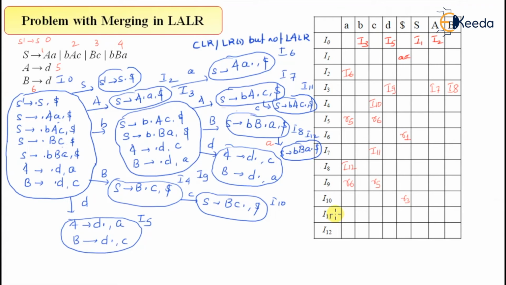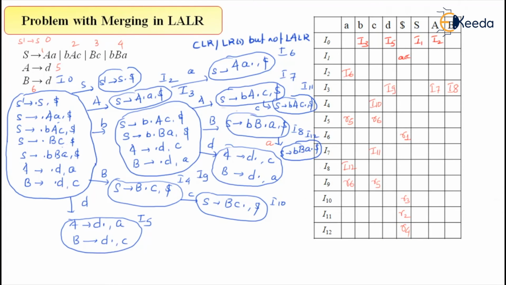I11 is R2, and in the dollar column I will write R2. And I12 is BAB, which is R4, here R4, and that also I'll write in the dollar column.